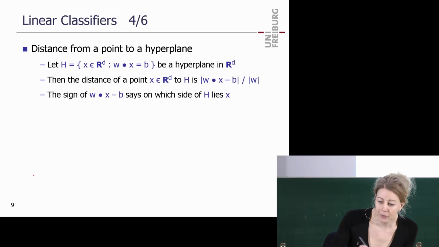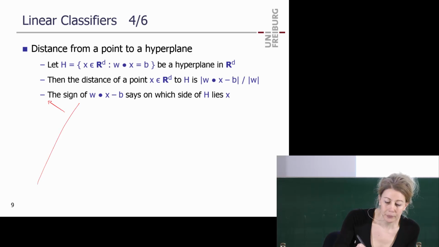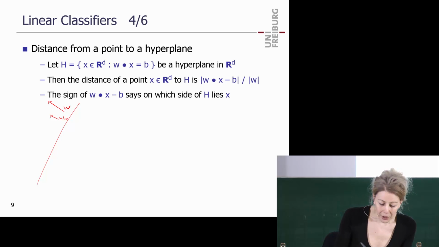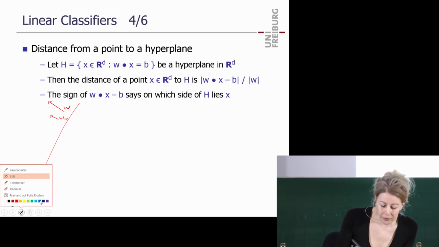So I think I will just prove it for one side, and then you can do it for the other side yourself. So let's just, so this is my W. So let me also consider W0, which is just the normal version of this.